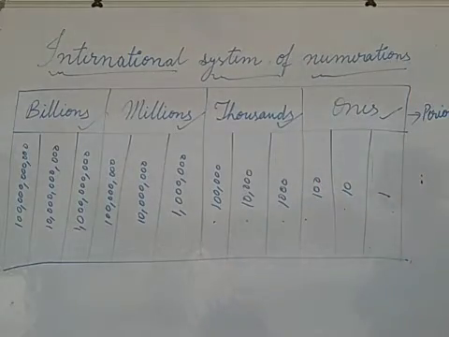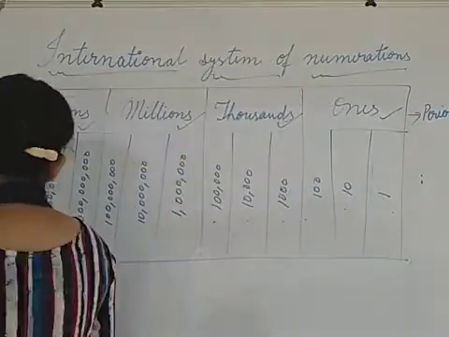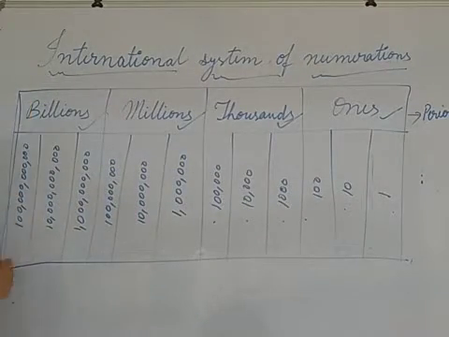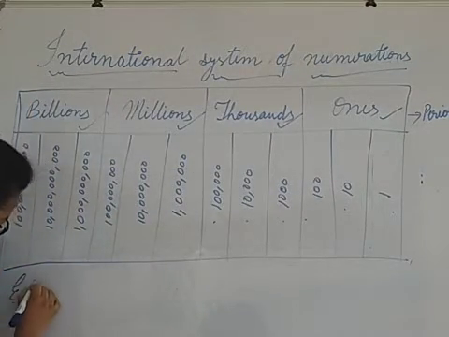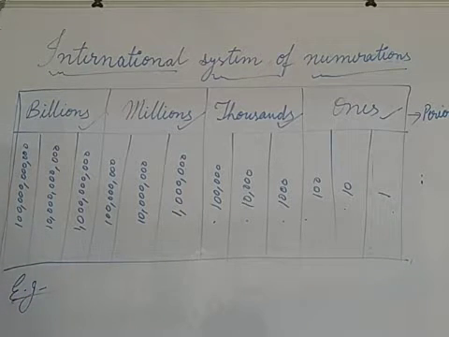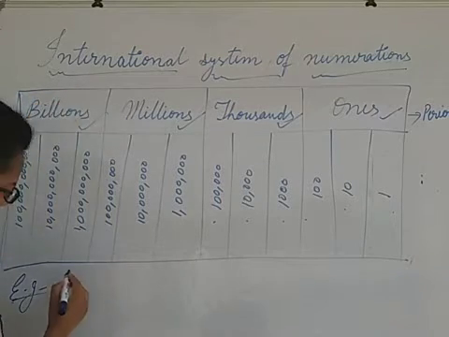In most countries the international system of numeration is used, but in India the Indian system of numeration is used. Now take one example of recognizing a number in the international system of numeration.